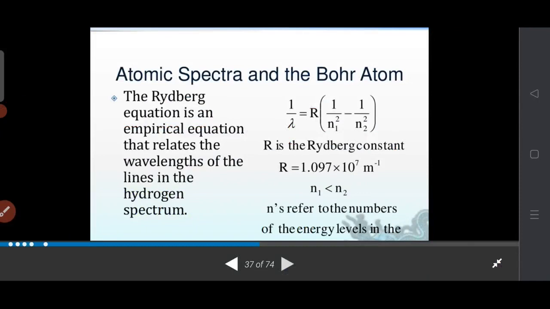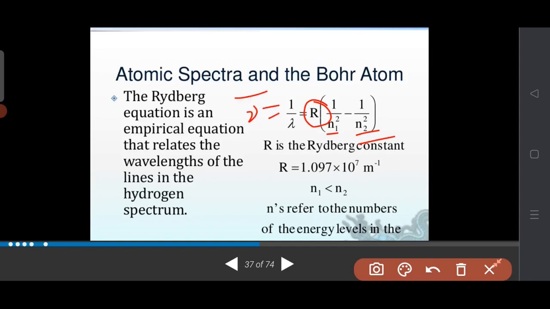Lambda is the wavelength, R is the Rydberg constant, and n1 square and n2 square are the energy levels: n1 is the energy level at the ground state, and n2 is the energy level at the excited state. In this way we can get the value of lambda. This is also called the wave number.